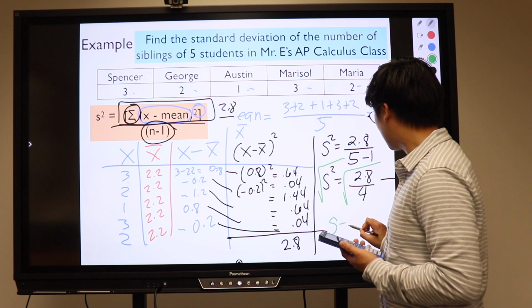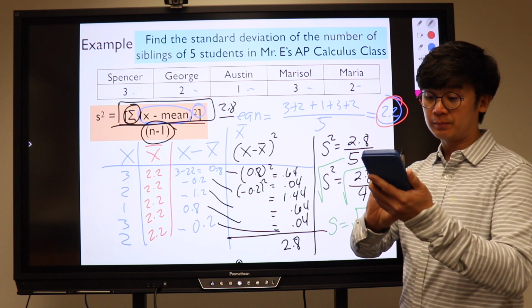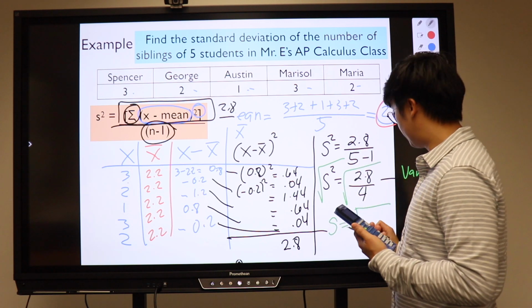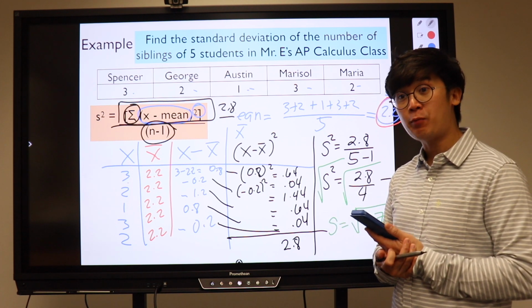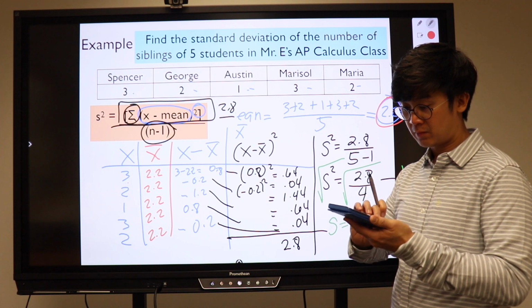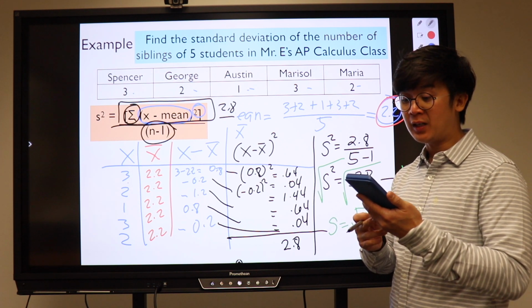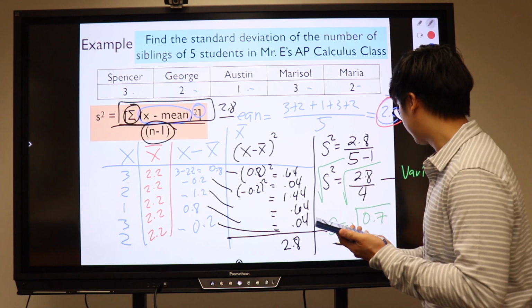So that S is equal to the square root of, what is 2.8 divided by 4? 0.7. And if you take the square root of 0.7, 0.83666, or 0.84.